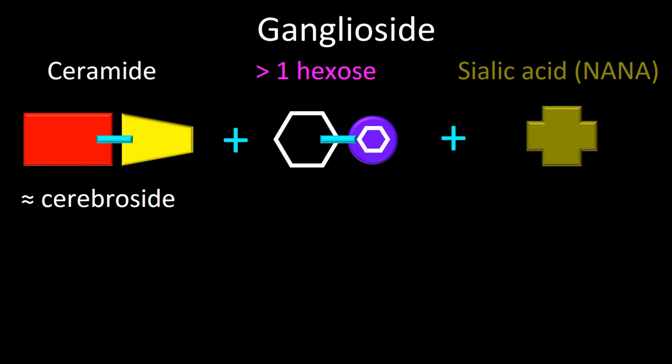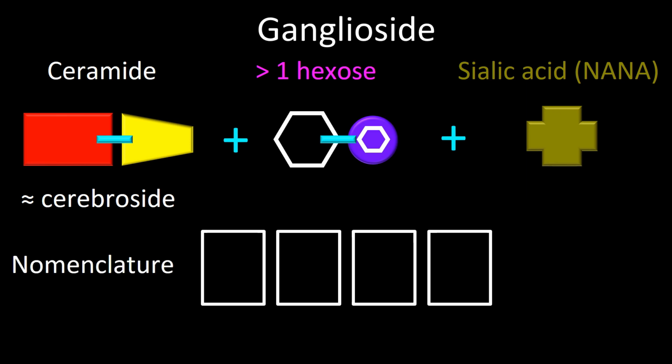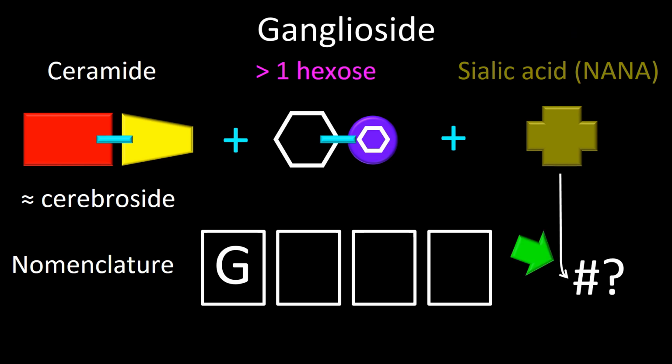These elements combine to form a nomenclature with four buckets. The first bucket is for the letter G to indicate, as we previously stated, that we are dealing with ganglioside. The next bucket is for NANA, especially for the number of NANA in the compound. When there is none, we use the letter A for absent.